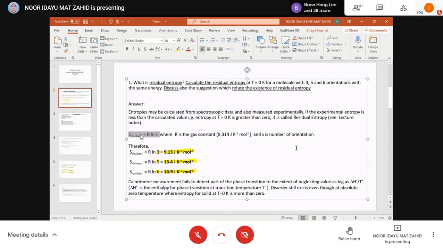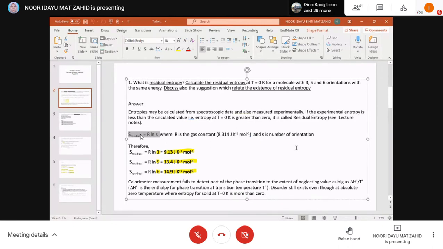It is equal to R multiplied by ln S, where R is the gas constant in the unit of joule per Kelvin per mole. Whenever we talk about physical properties relating to energy, the gas constant value should be 8.314 joule per Kelvin per mole. And S is the number of orientations, which is usually given in the question.